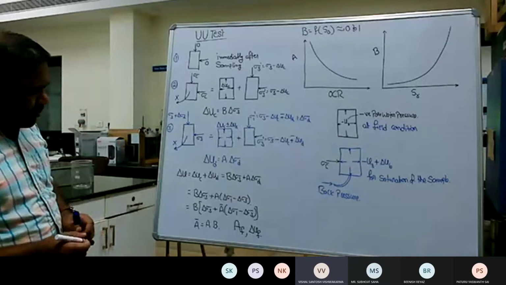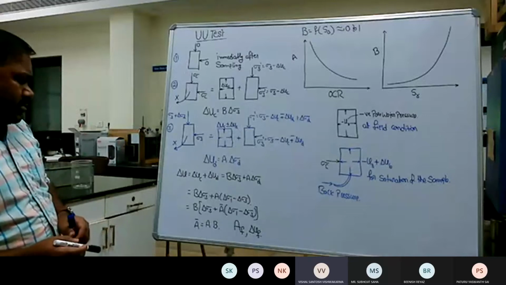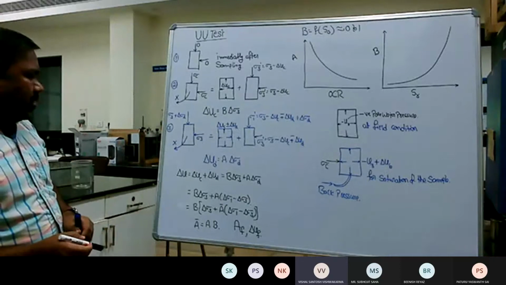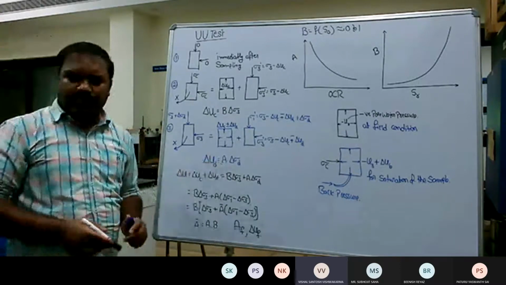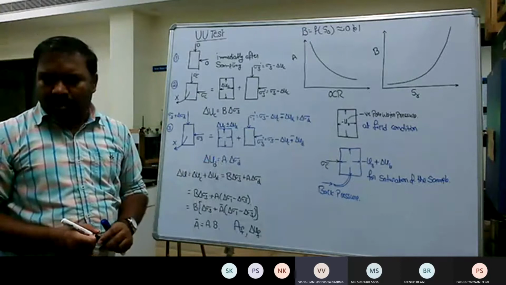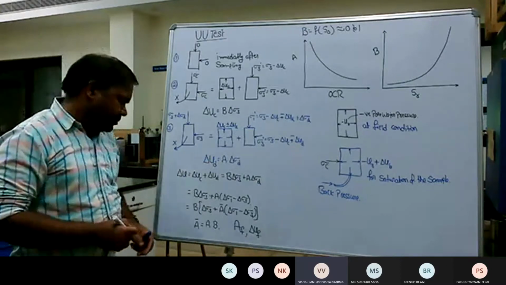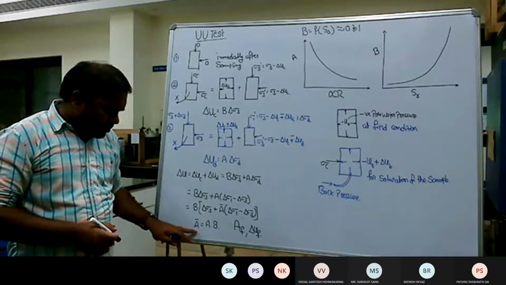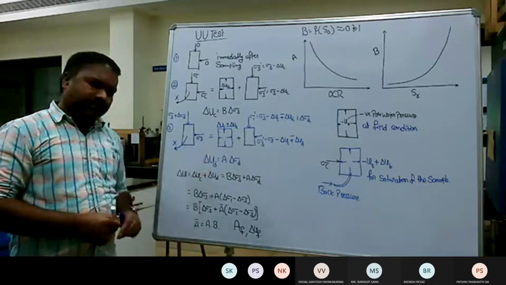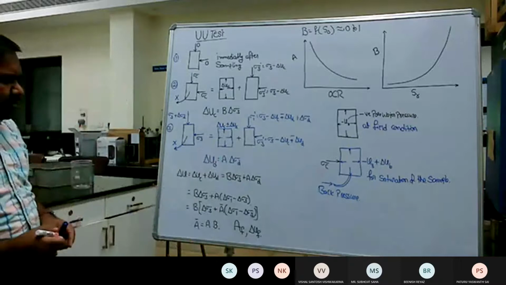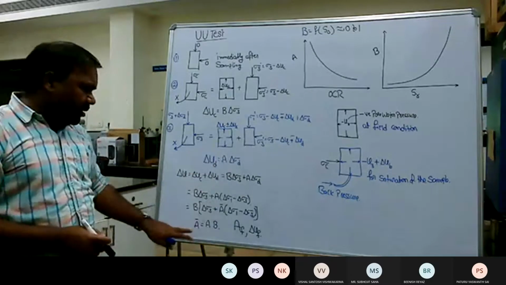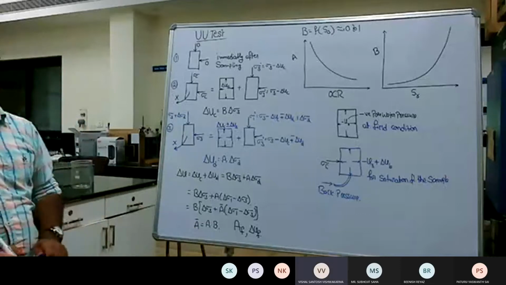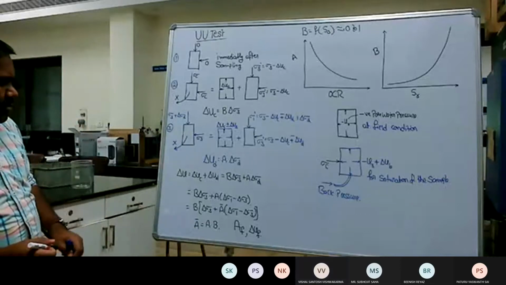Usually the delta UD and delta sigma D ratio is A bar, and A bar equals A into B. That is true.